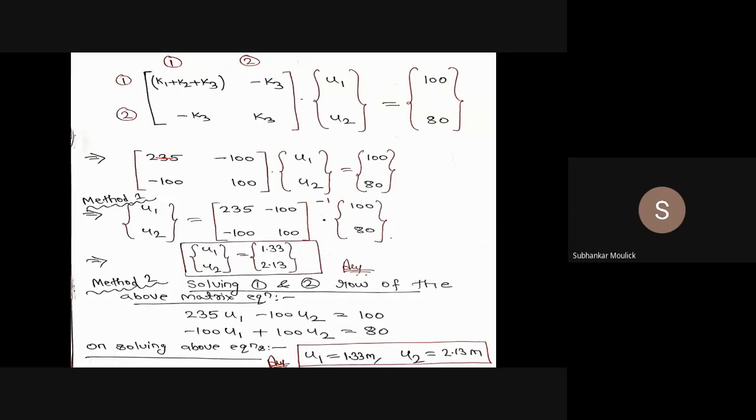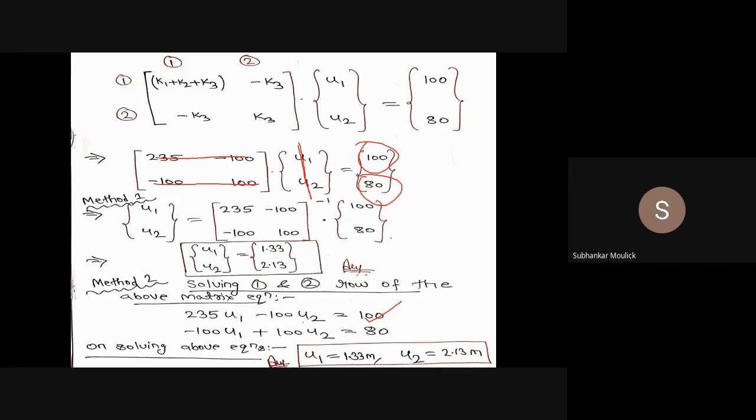The first row into the first column will be equal to 100, that is 235 u1 minus 100 u2 equal to 100. Similarly, the second row into the column gives minus 100 u1 plus 100 u2 equal to 80.